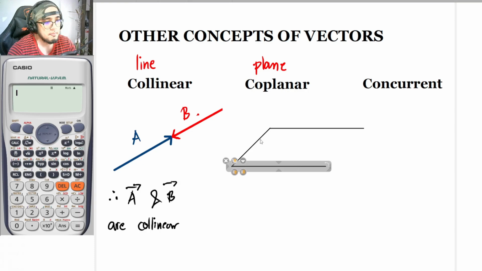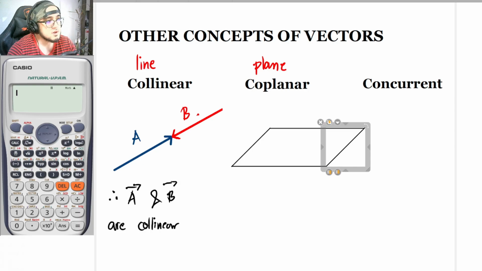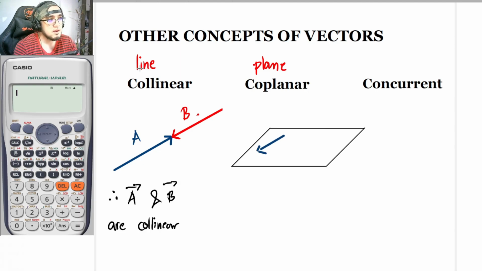In that plane, we would have multiple vectors. Let's say this is your vector A, this is your vector B, this is your vector C, and this is your vector, let's say, D.